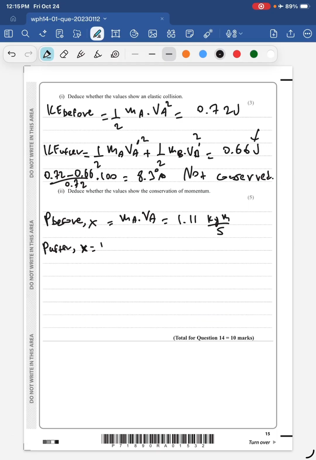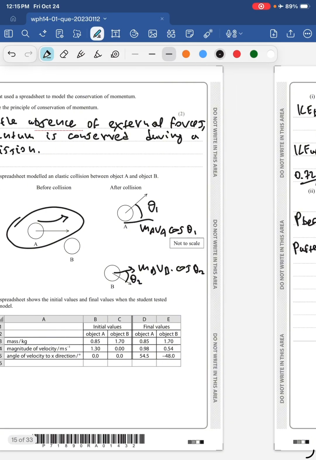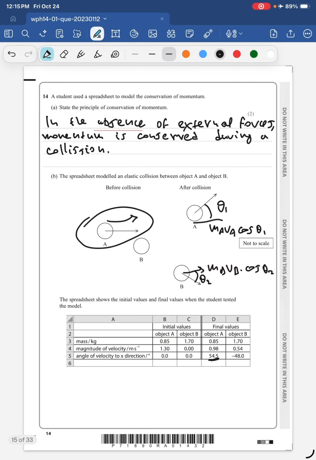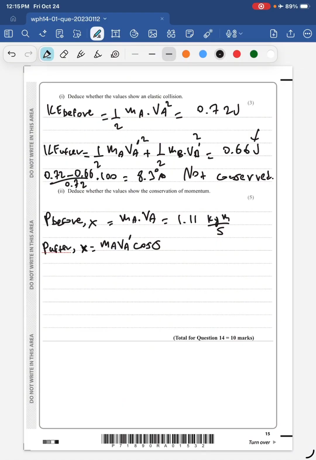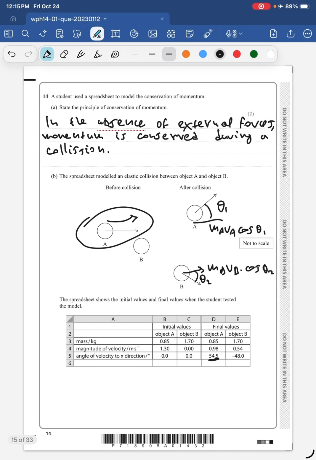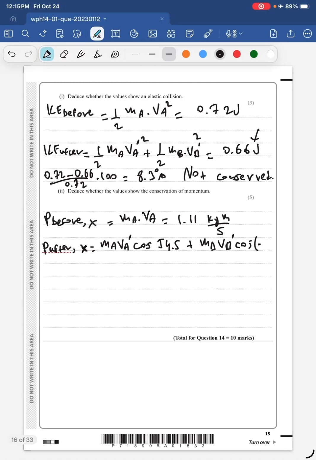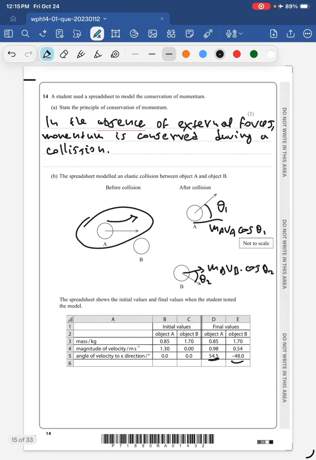So we will have ma va prime cosine of this angle, which is 54.5, plus mb vb prime cosine of the other angle, which is minus 48, and it's minus 48 because it's on the negative side of the x-axis.